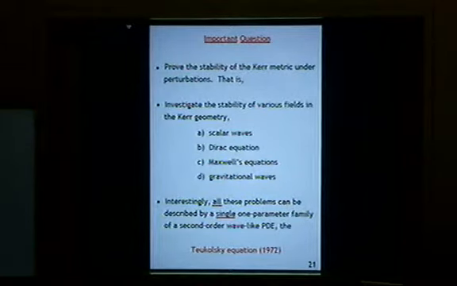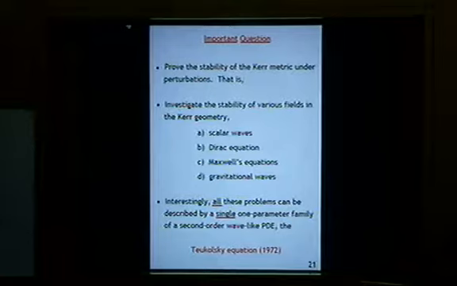That is, if you look at the initial value problem for any one of these four equations, where the background metric is fixed to be a Kerr metric, you want to start out with initial data that's outside the black hole, that's compactly supported, that it's zero outside of a compact set, and you want to follow the solution, and you want to show the solution goes to zero.